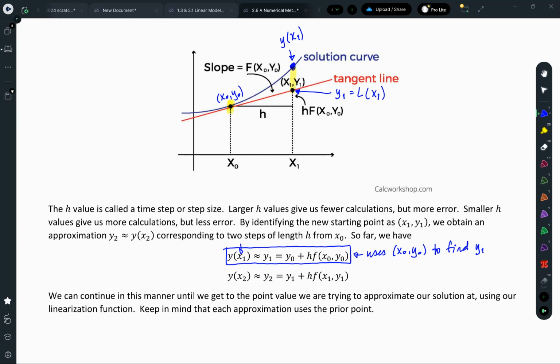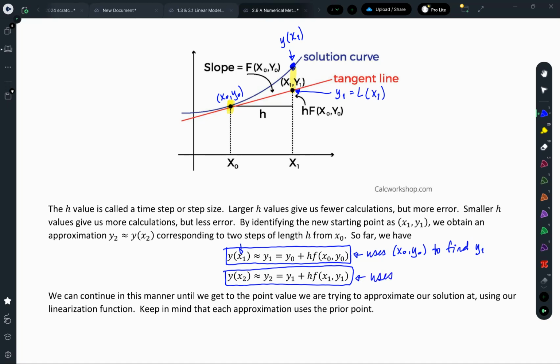Our goal is we're creeping towards some ultimate x value that we want to know what our solution is approximately equal to at that x value. So once we have x1 and y1 from the previous step, we can then calculate what y of x2 might be approximately. Y of x2 is approximately y2, and y2 requires knowledge of y1 and x1 in order to find y2.